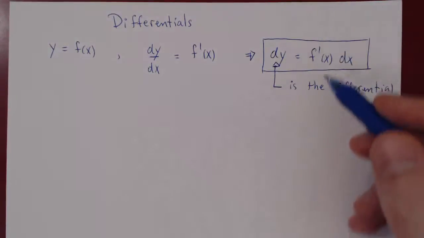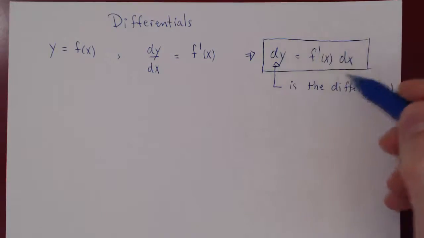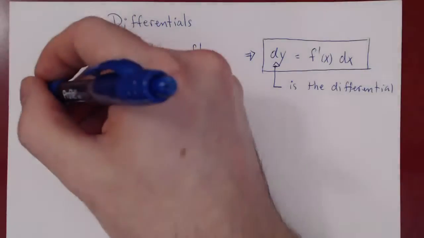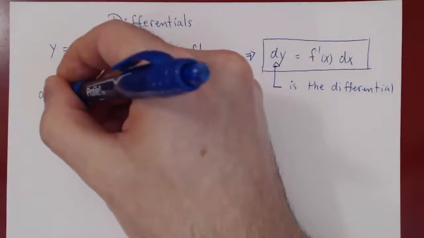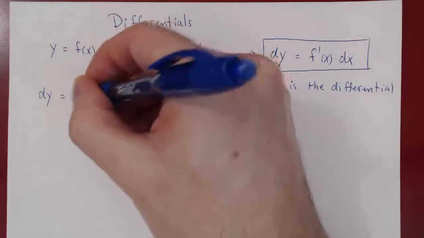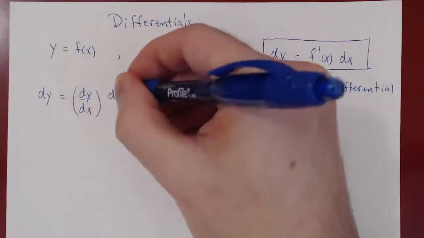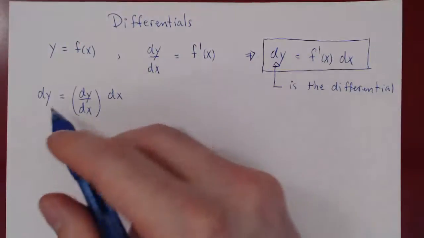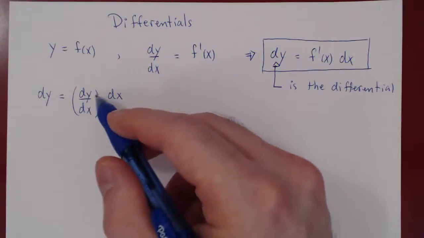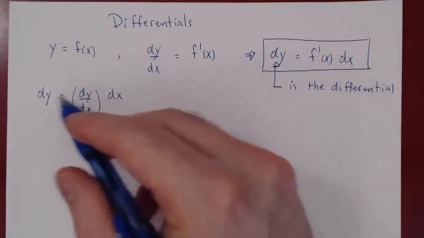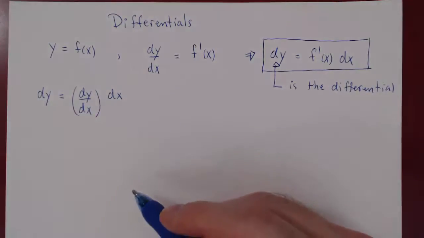If you prefer, you can write this as dy is dy over dx times dx, and then it makes the equality even more apparent. The differential dy is the derivative of the function dy over dx times the change in x dx. Then it's really obvious, right? Because dy over dx times dx, these two cancel, and you're left with dy, the change in y.